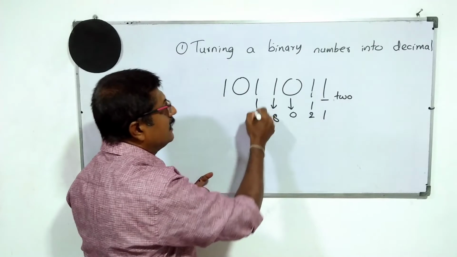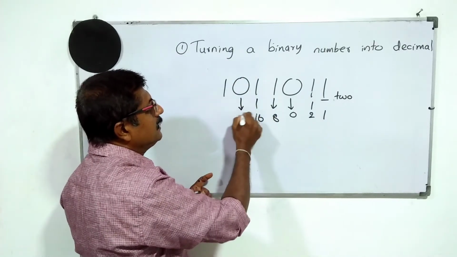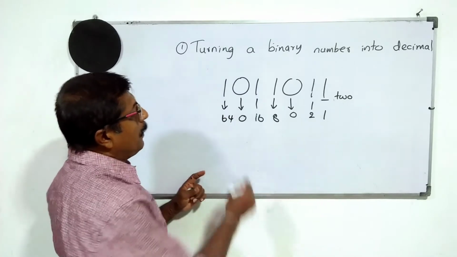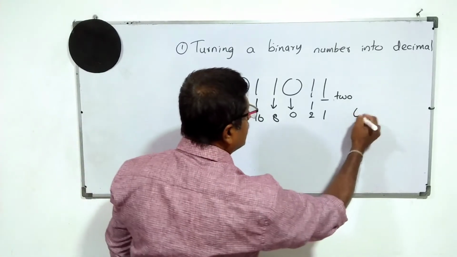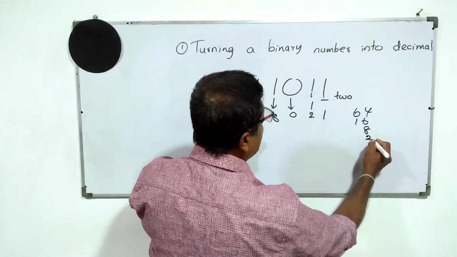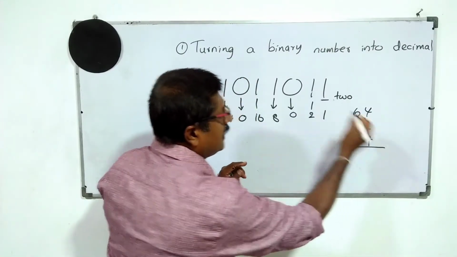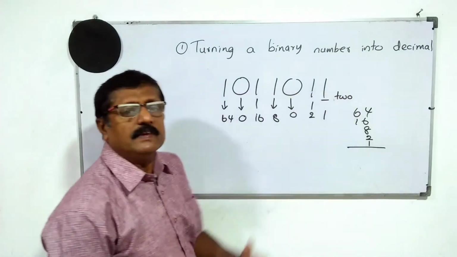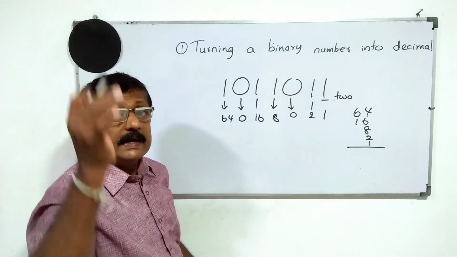There is a 16. Then 32. No 32. 64. There is a 64. Now, by adding these numbers, what are the numbers? 64, 16, 8, 2 and 1. Thereby, you can get the value of this binary number in decimals.